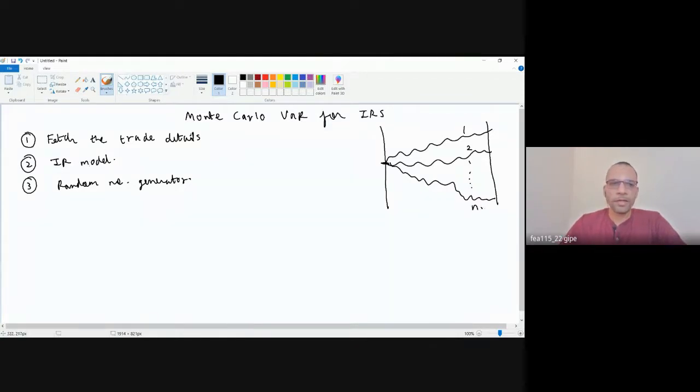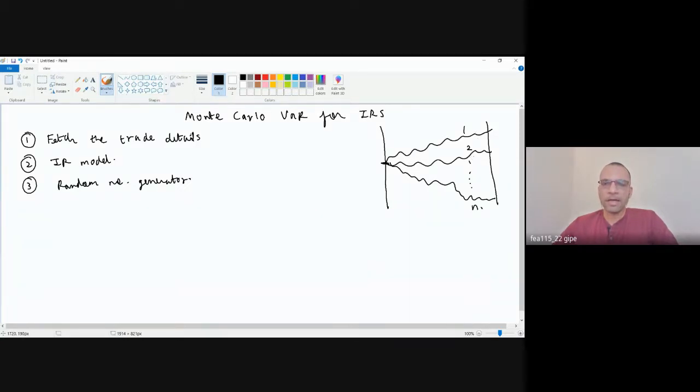We can actually combine the IR model and random number generator, because without the random number generator, the IR model doesn't make much sense, but fine. So the idea is we have to simulate n number of interest rate paths, because finally we should have as many scenarios as possible. Let's say we decide on a certain value of n and we do those many simulations. That is, I'm trying to simulate an interest rate for each of these paths.